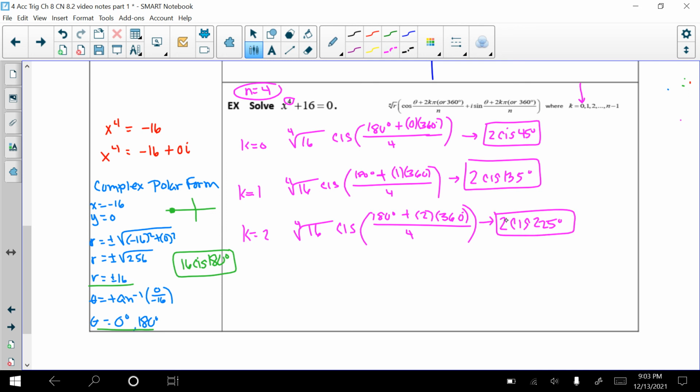Okay, so now we have 3 of the fourth roots. So those are representing 3 of the answers to our equation. I need to go one more time to get the fourth one. So k is 3 for this round. So we've got the fourth root of 16, cis 180 degrees plus 3 times 360 all over 4. So 180 plus 3 times 360 gives you 1260. Divide that by 4, 315. So 2 cis 315 degrees.